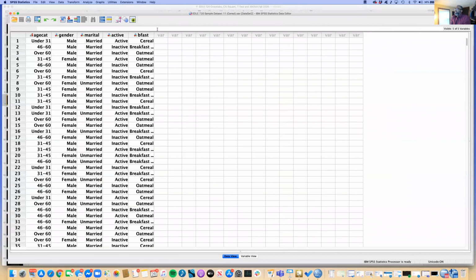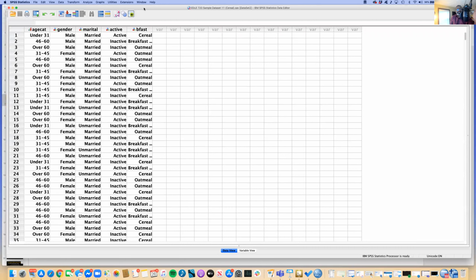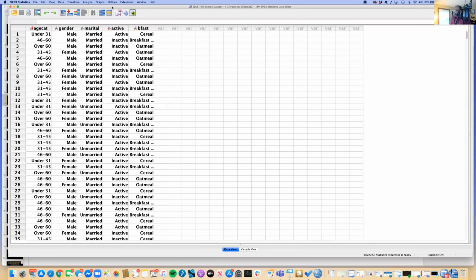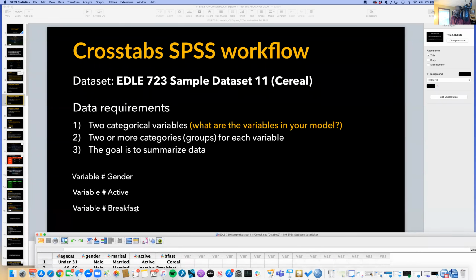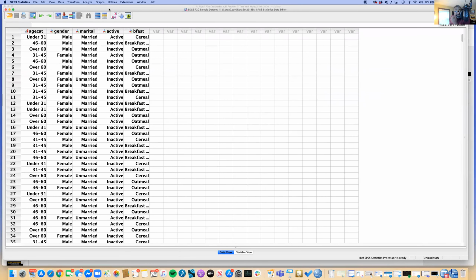It appears that every variable in this data set is what? Categorical. That's absolutely right, which makes this fun for this exercise. Crosstabs can only be done with categorical variables, generally so, yes. 99.9% of the time.